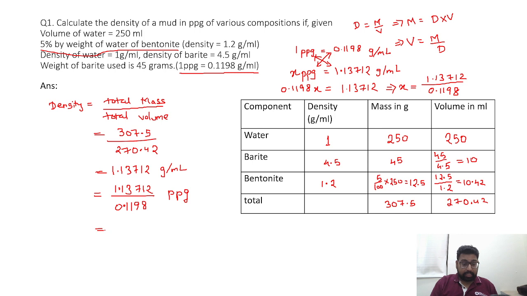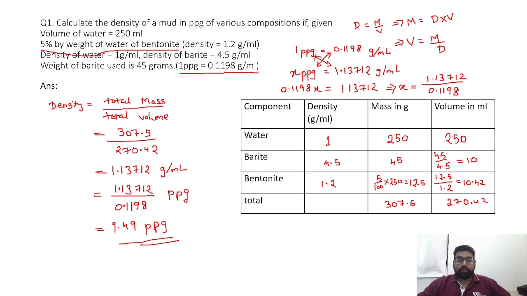So let me divide it and get an answer. 1.13712 divided by 0.1198 gives something around 9.49 ppg. Okay. So this is the final answer.